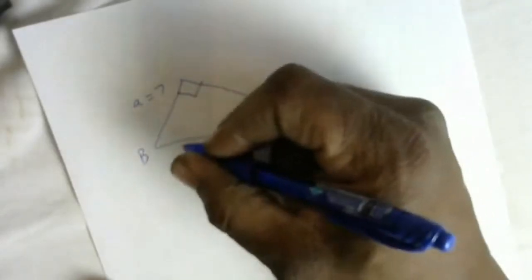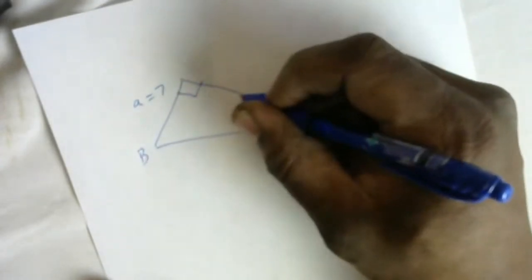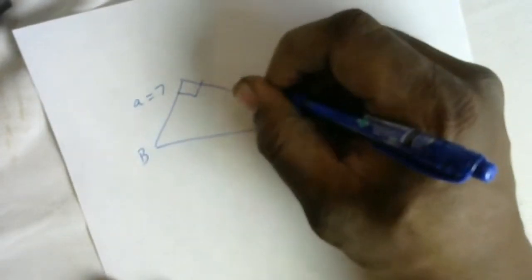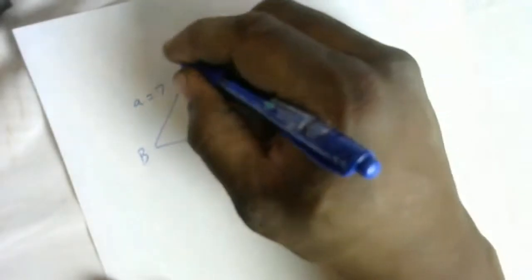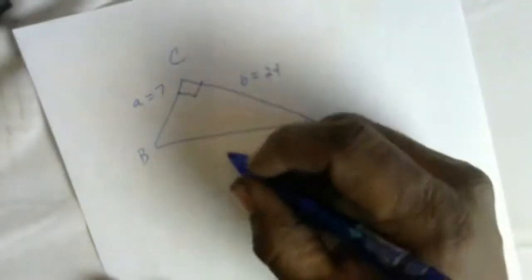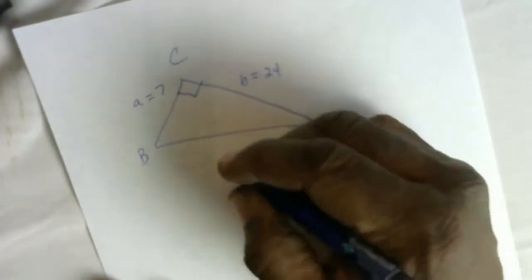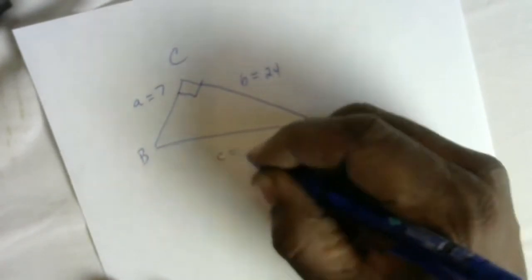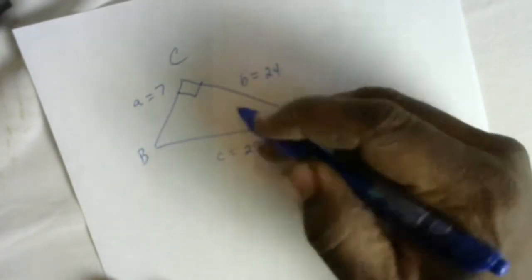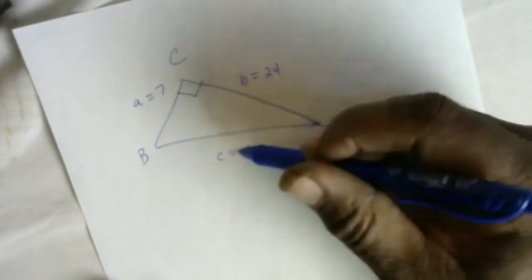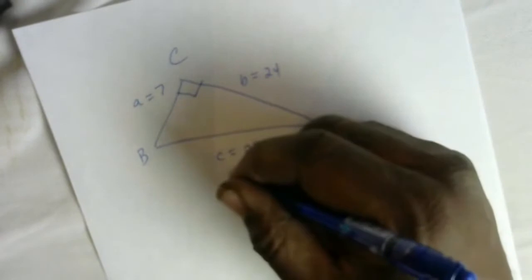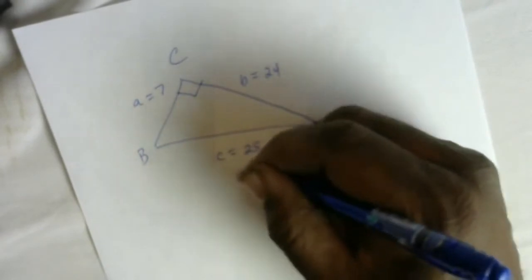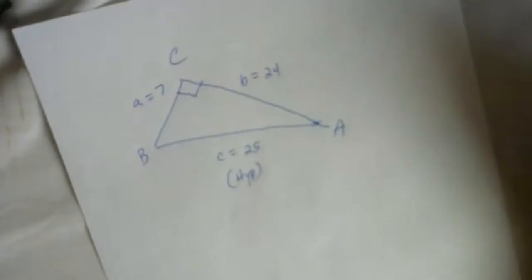This was angle B, so the side opposite angle B is side b, and that was 24. Here we had C, and the side opposite C is side length c. Since angle C is a right angle, c is actually the hypotenuse. The first thing I like to label in my triangles is the hypotenuse.